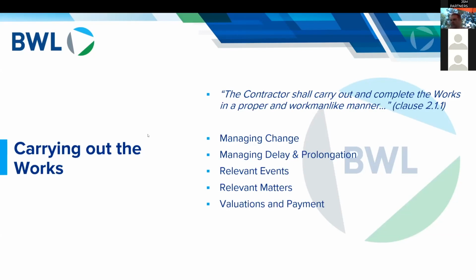Some of the interesting things that we have to deal with in terms of commercial and legal aspects of contracts and JCT contracts is, how do we cater for change? Change being an omission of work, an addition of work, or a change in what work you want doing under the contract.